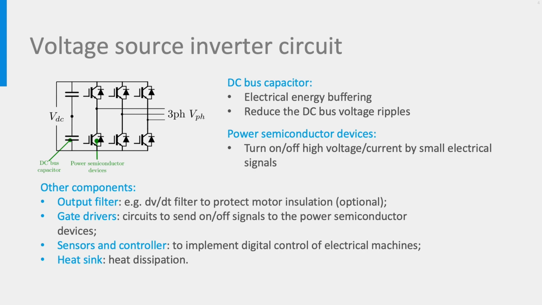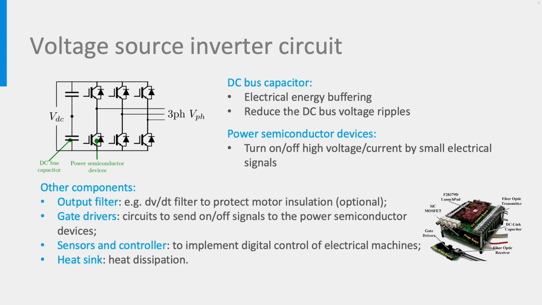Gate drivers are circuits used to switch on and off the power semiconductor devices, while sensors and controllers are used for the digital control of the electrical machine. Lastly, there is generally a heat sink present for heat dissipation. The figure on the bottom right shows an example of an inverter in practice.